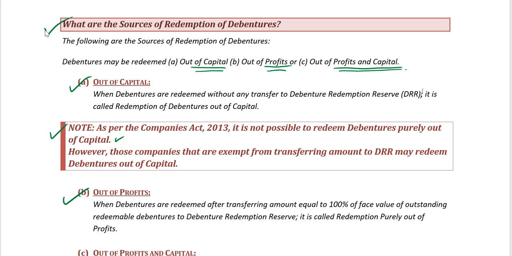Out of profits: when debentures are redeemed after transferring an amount equal to 100% of the face value of outstanding redeemable debentures to debenture redemption reserve, it is called redemption purely out of profits. So 100% of the face value of outstanding redeemable debentures is to be transferred to DRR in this case.